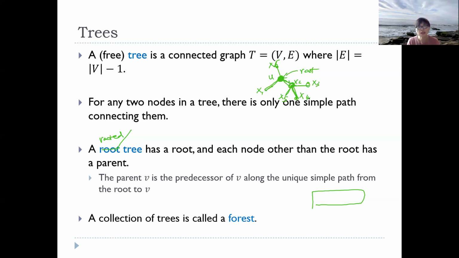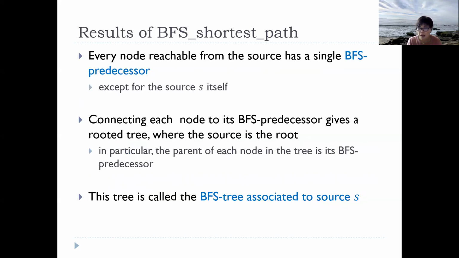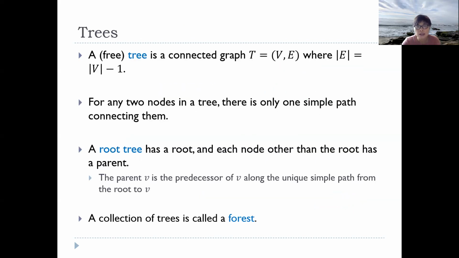And in the case of breadth-first search, as we said, the root will be the source node itself. Then we take the collection of the edges between a node and its predecessor, namely its parent. Since everyone has only one parent, this would give us a tree back, and this tree is called a BFS tree.